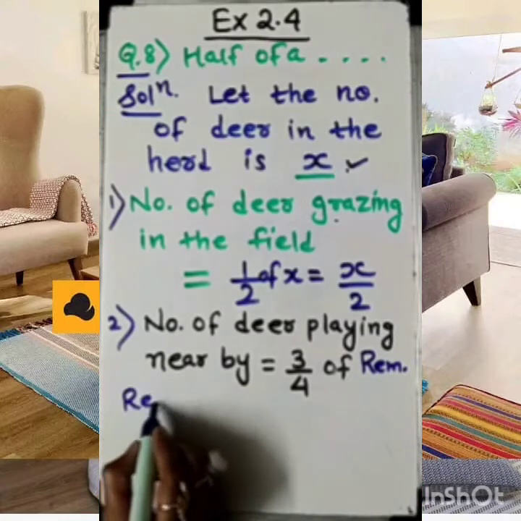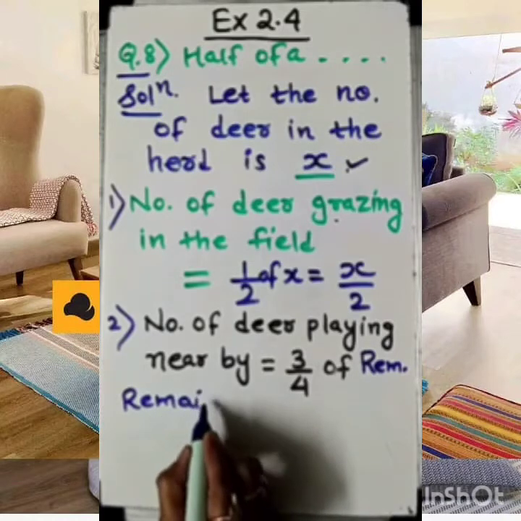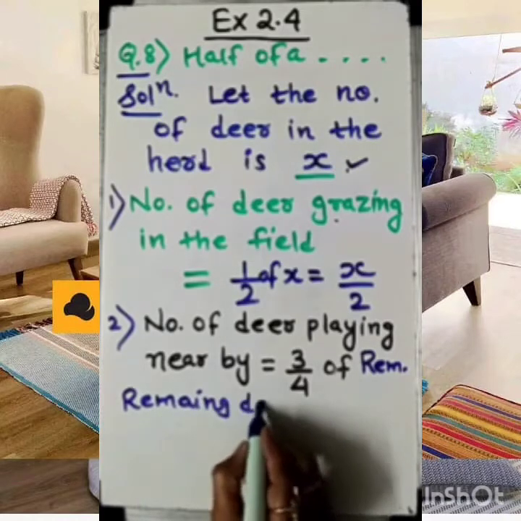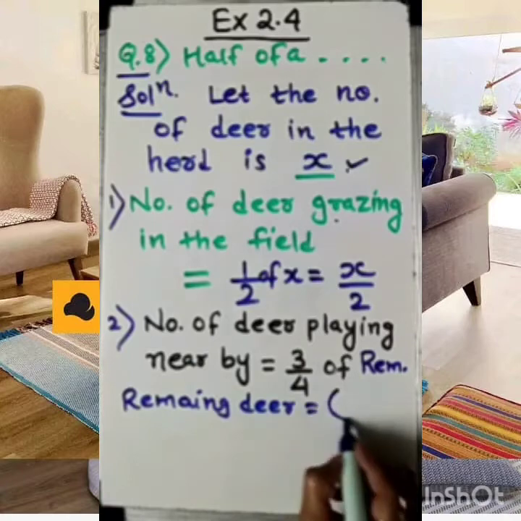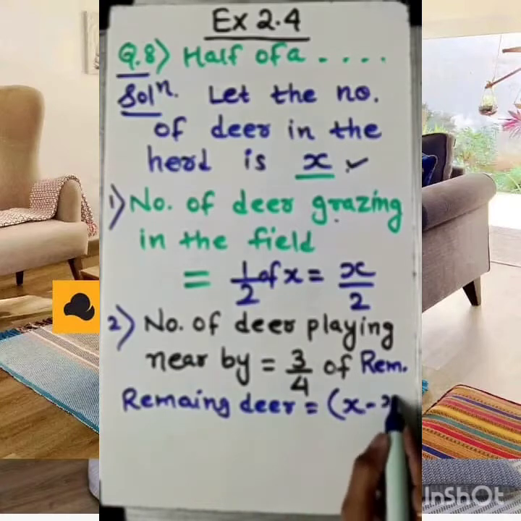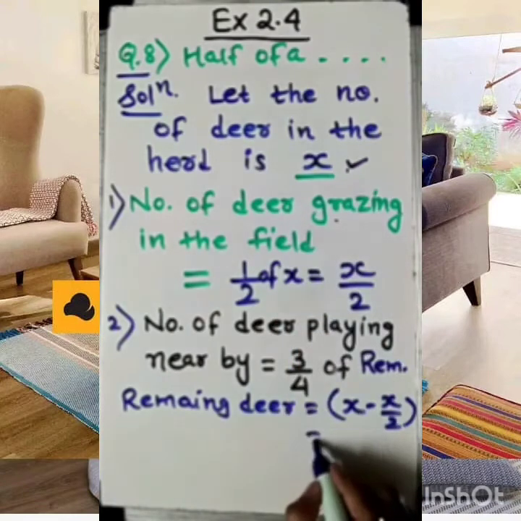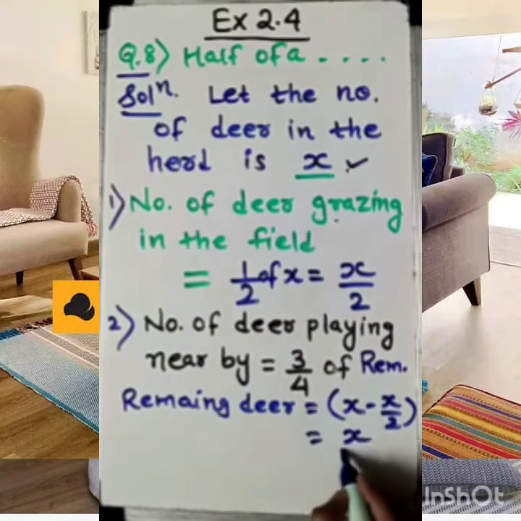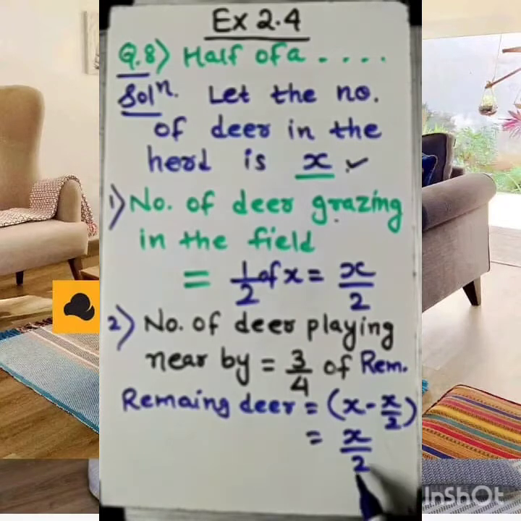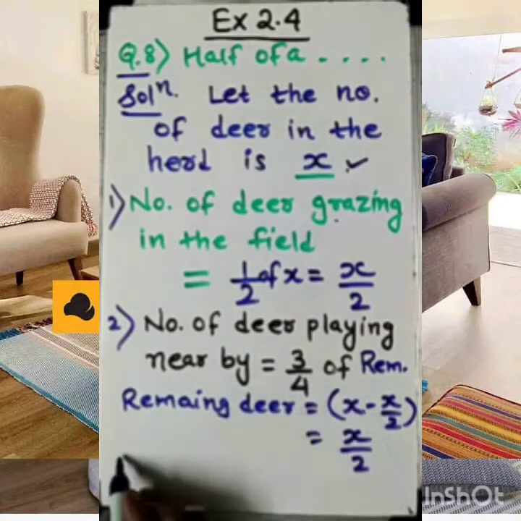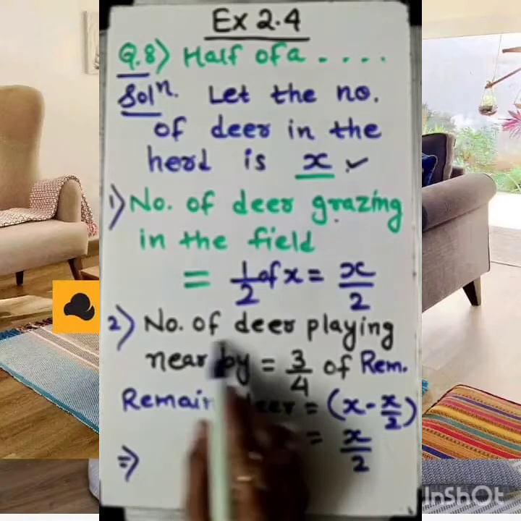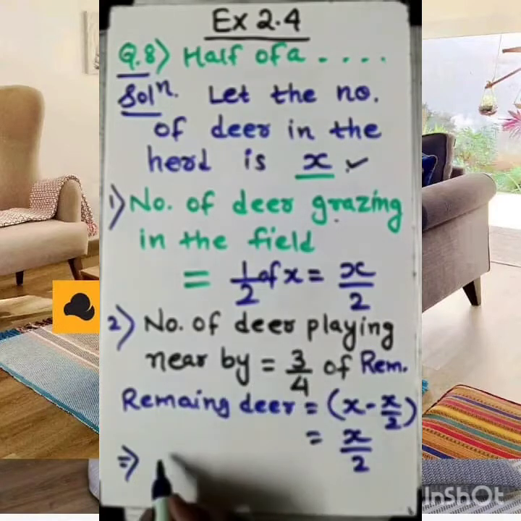So first step we need to mention the remaining deer. What are the remaining deer? That is total X. Out of that, X by 2 are grazing in the field. So X minus X by 2, that is X by 2. So dear student, according to this, the number of deer playing nearby is 3/4 of X by 2.